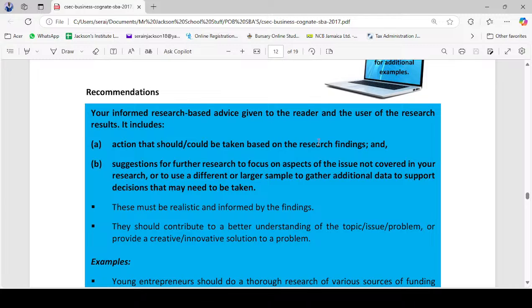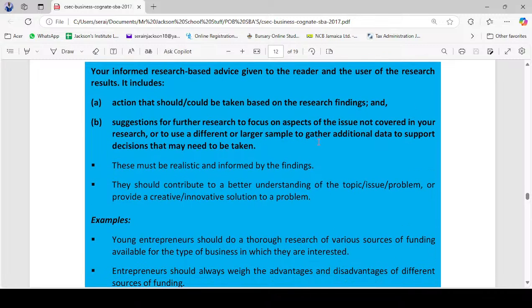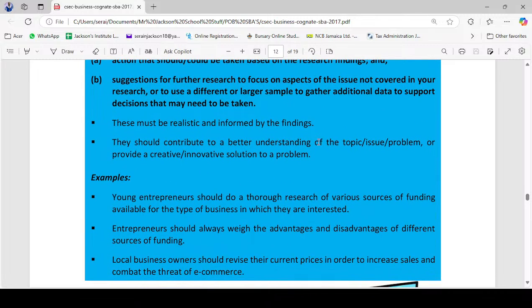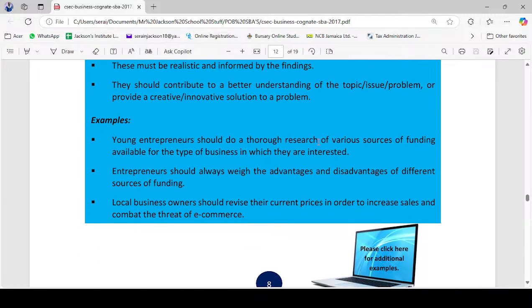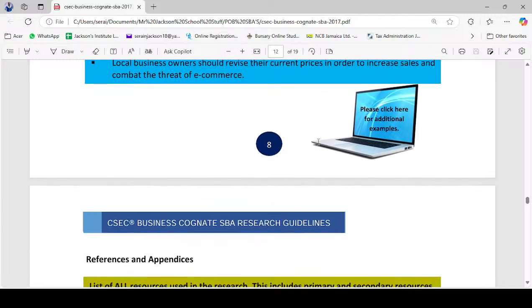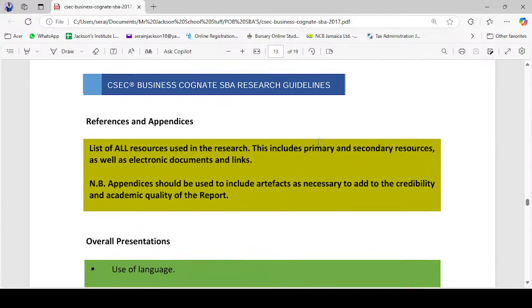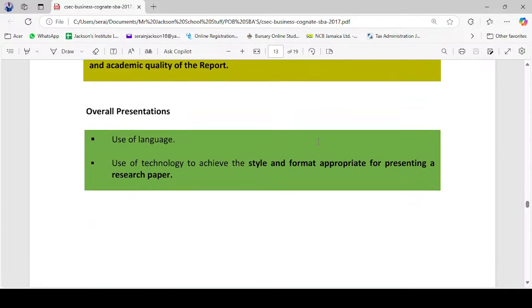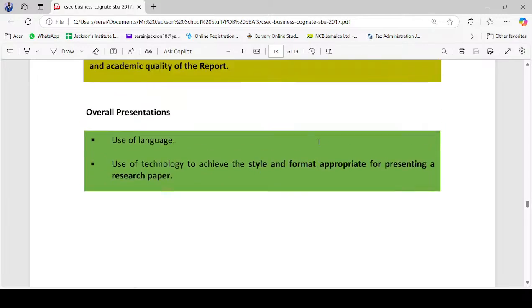So your recommendation must be realistic and informed by the findings, and they should contribute to a better understanding of the topic, right? For example, young entrepreneurs should do thorough research of various sources of funding available, and you can read the rest, right? Your references and your overall presentation, you get marks for that.